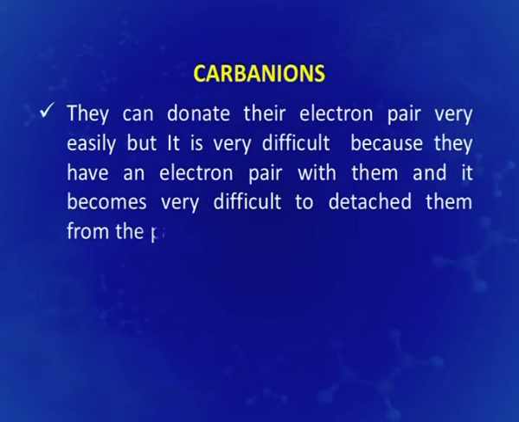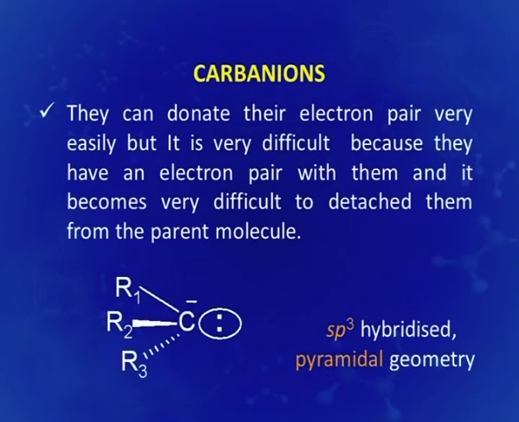We have this carbon ion which is drawn here with an electron pair and a negative charge. Because we have 3 groups attached to this carbon, it is sp3 hybridized and has a pyramidal geometry.